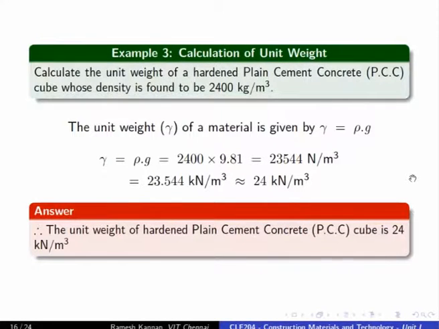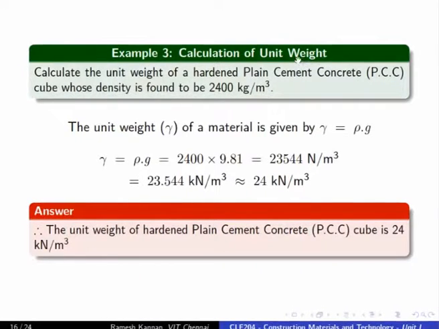And let's do a problem. The unit weight of hardened plain cement concrete is to be calculated, whose density is given as 2400 kilogram per meter cube. Remember the table we discussed during the density, the list of items and their corresponding density values, and concrete has a density of 2400 kilogram per meter cube.